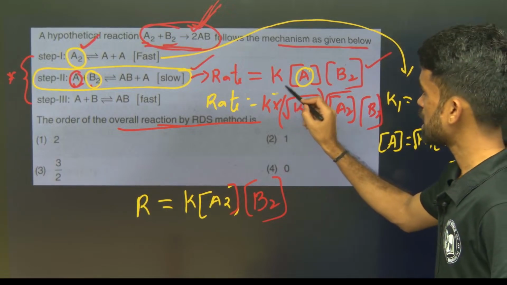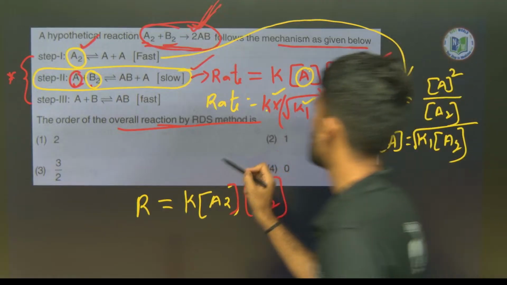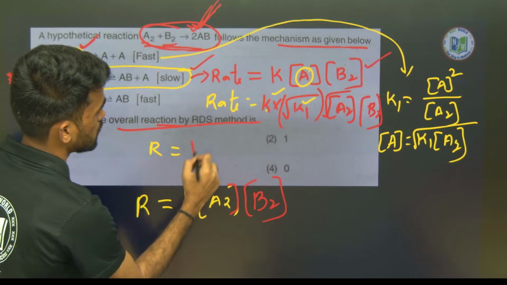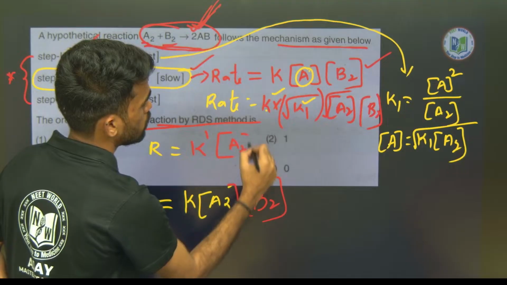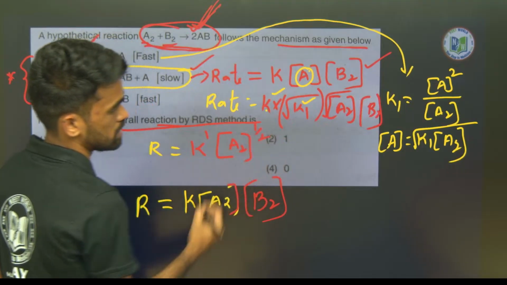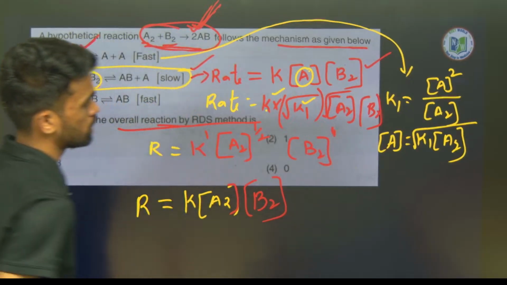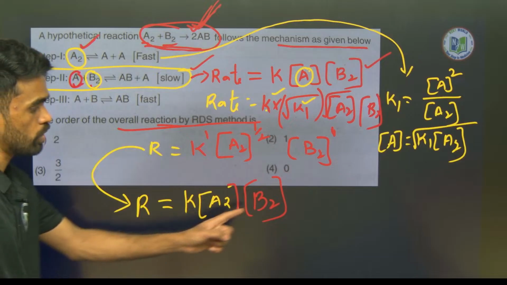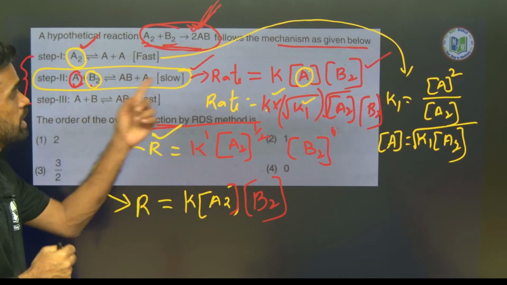K is a constant, K1 is also a constant, so the product of these two will also be a constant. So I can write rate equals K dash multiplied with A2 to the power 1 by 2, and concentration of B2 to the power 1. Now this equation is in terms of A2 and B2, so this is the perfect representation of the rate law from the rate determining step.